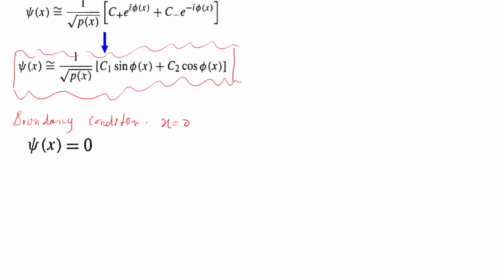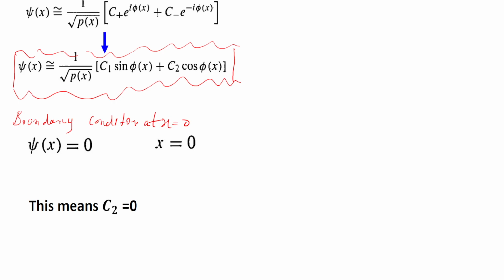At x equal to 0, the wave function is equal to 0. Here if you put 0, then sin 0 is 0, and the only remaining term is cos 0, which is 1, so C2 equals 0.